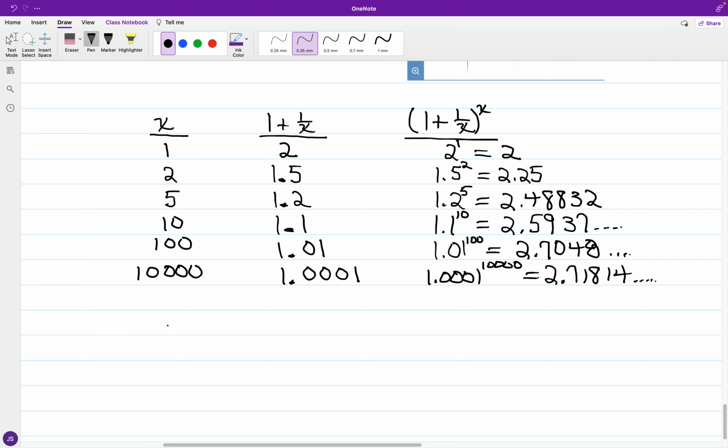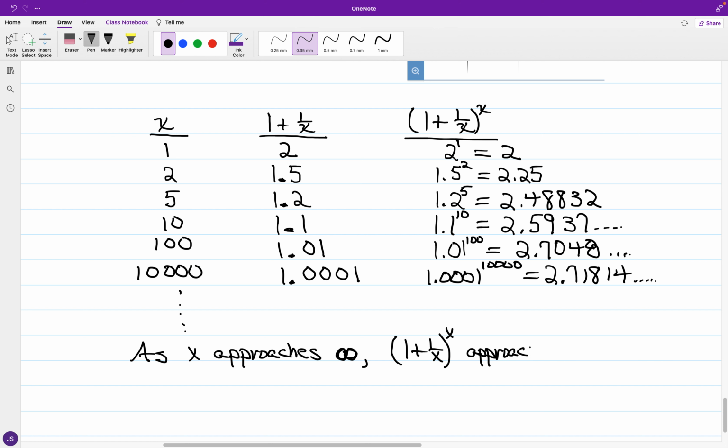And what's going to happen here is that, as x approaches infinity, for 1 plus 1 over x to the x, as the exponent gets larger, there's a saturation point that's going to be reached.